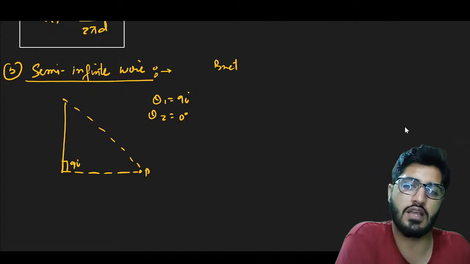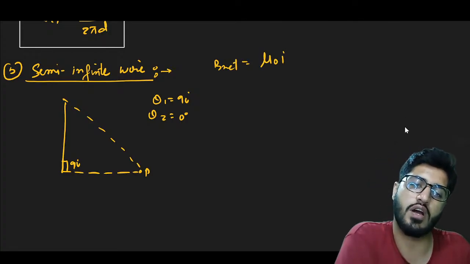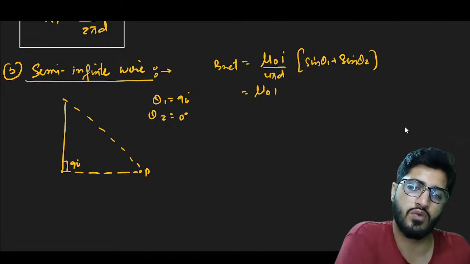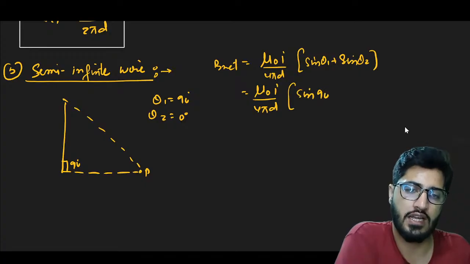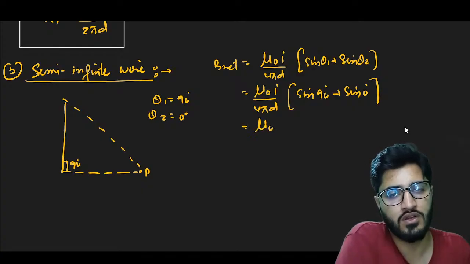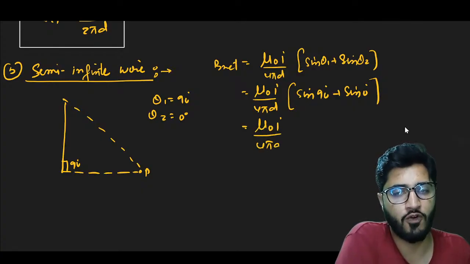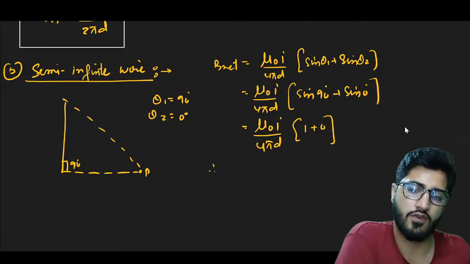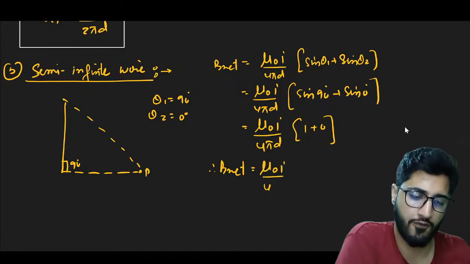B net came out to be mu naught I by 4 pi d, sine theta 1 plus sine theta 2, which is mu naught I by 4 pi d, sine 90 plus sine 0. Sine 90 is 1, sine 0 is 0. So therefore, B net for a semi-infinite wire is mu naught I by 4 pi d.